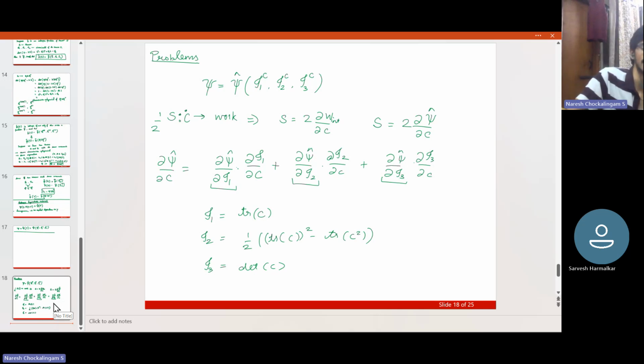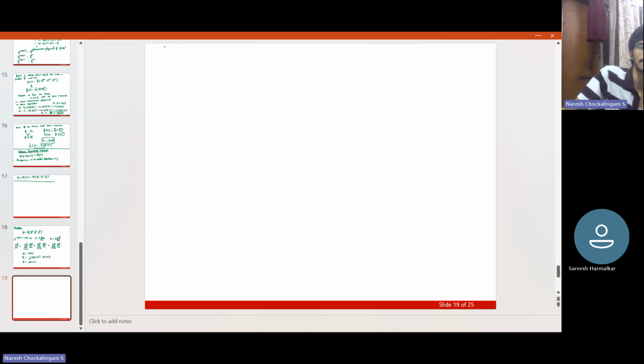So the first step, let us compute the partial derivative of I1 with respect to C. What is I1 in terms of C? I1 in terms of C is CKK. So it is the sum of the diagonal entries of C in any component. Then this is a derivative of a scalar with respect to a tensor.